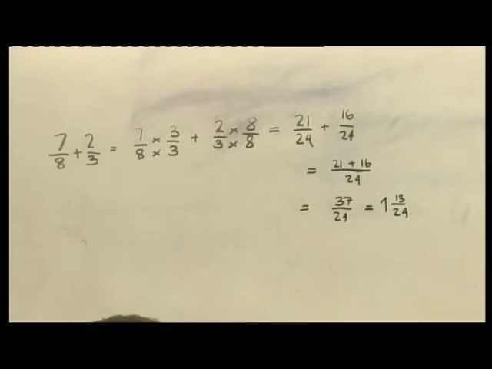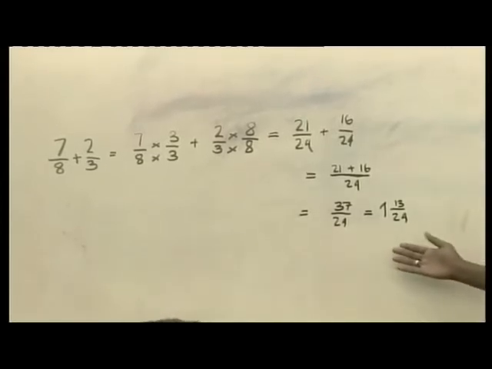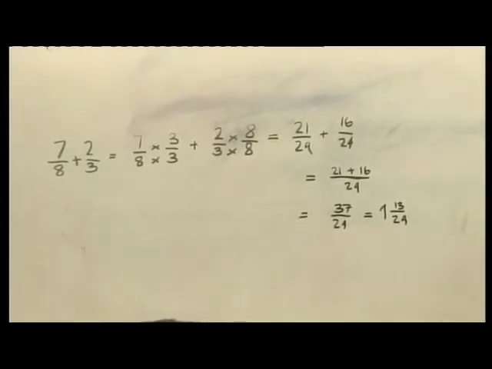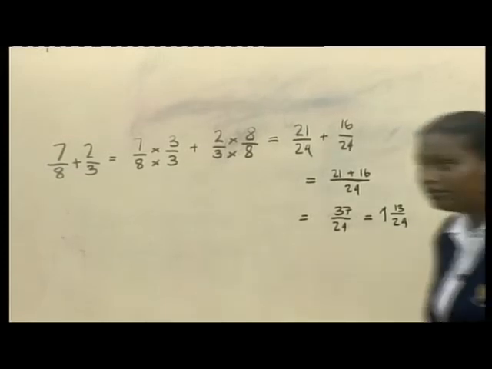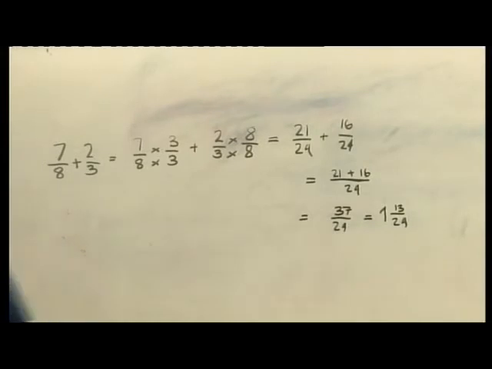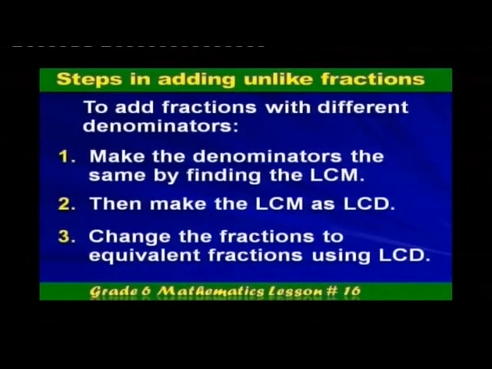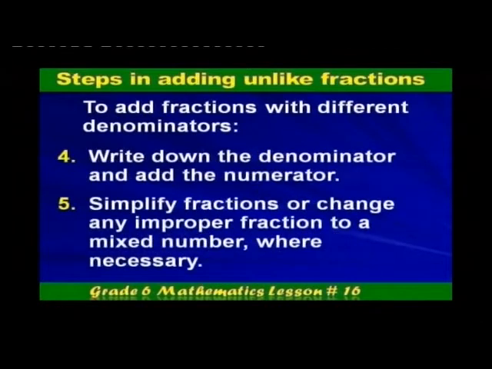What do you think, class? Have a look at Milika's working out. Is she correct? Yes. Are you sure? All right. Thank you very much, Milika. Now, these are the steps to adding unlike fractions. So let's go through Milika's working out quickly, and then we'll move on to our lesson.